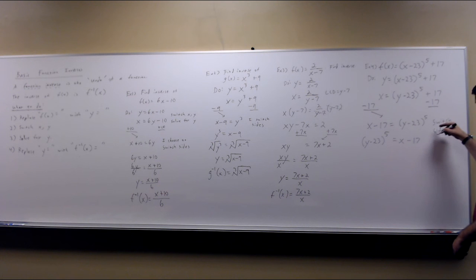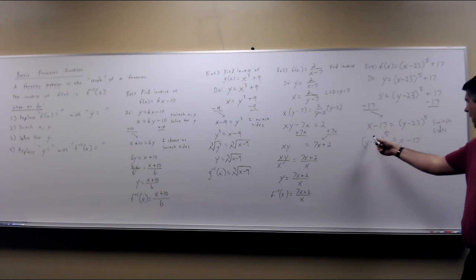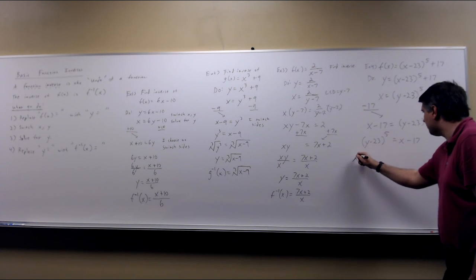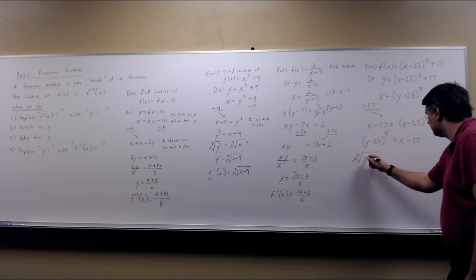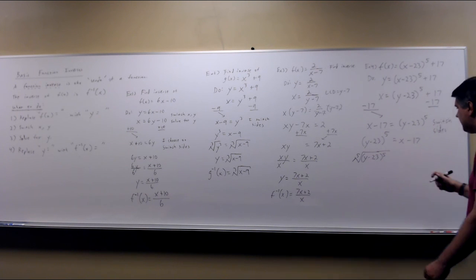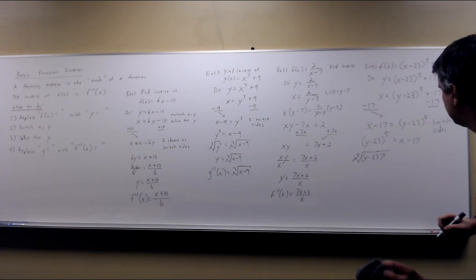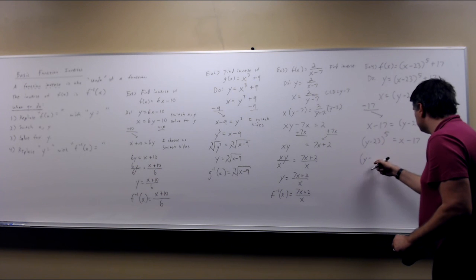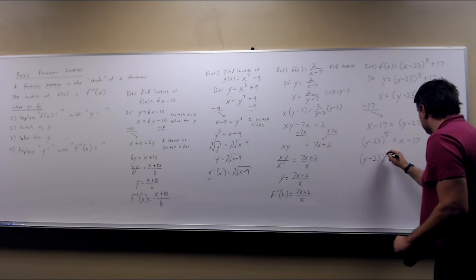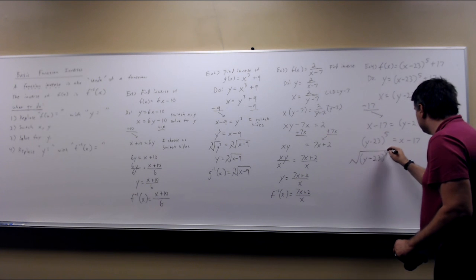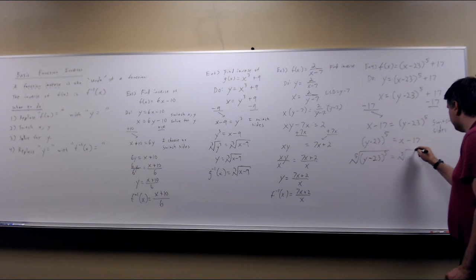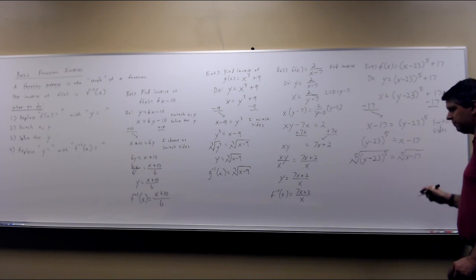All right. Next step, I want to get the y term by its lonesome. So this whole big thing is being raised to the fifth power. So I'm going to take the fifth root of y minus 23 to the fifth, and the fifth root of x minus 17 as well.